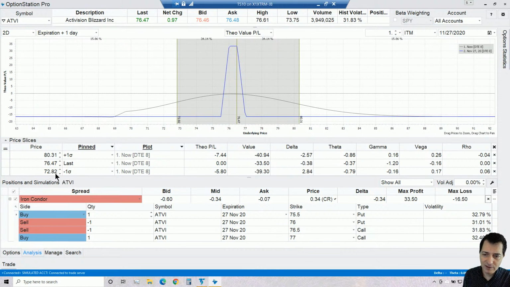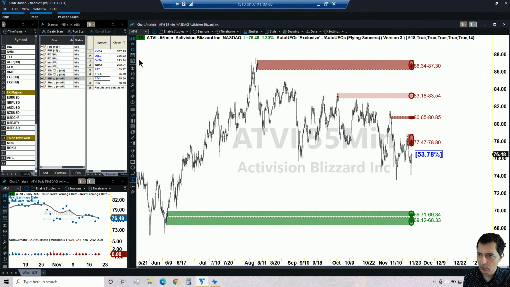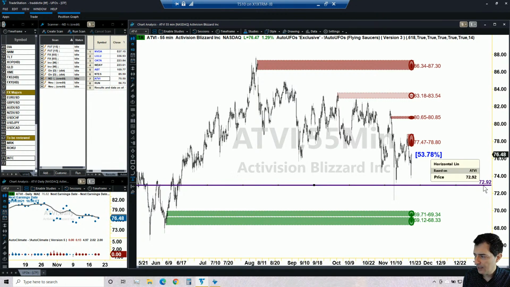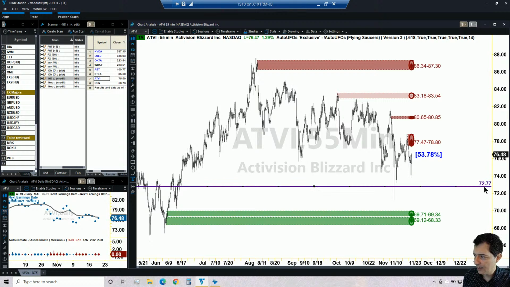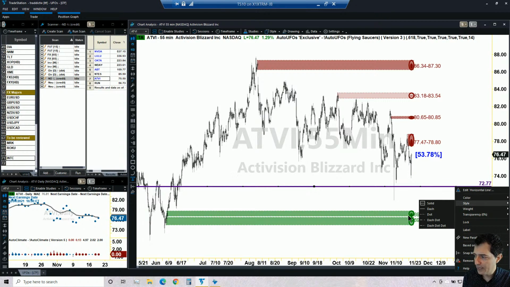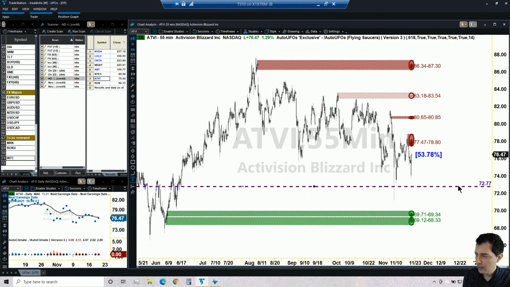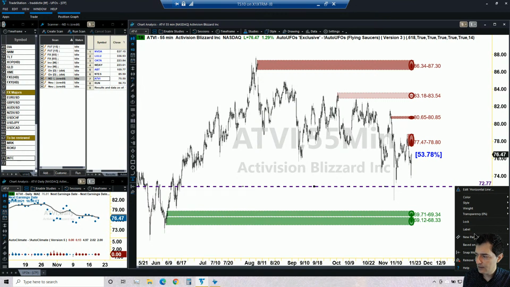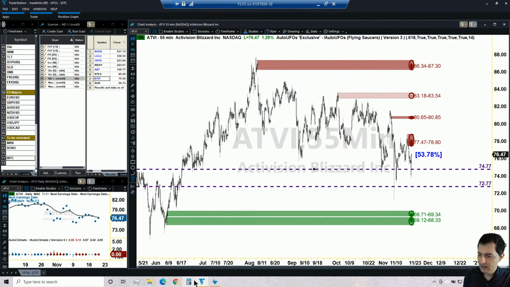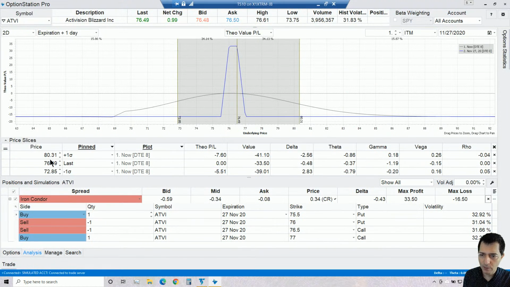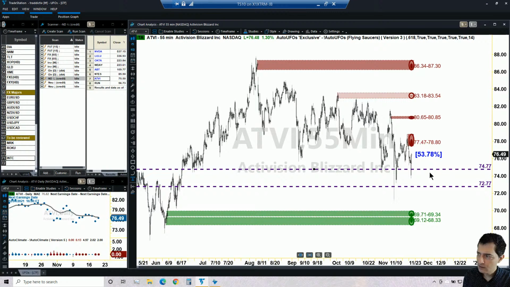So 72.82, that's what statistics suggest when it comes to how low that stock would tend to go from now until the next Friday. And the upper part is 80.3.